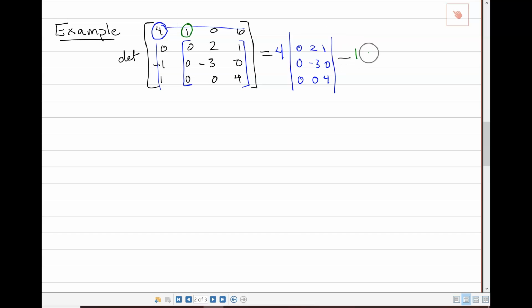Minus 1 times the determinant of its submatrix. So I'll cross that out and this out and just keep these parts. So I'll have 0, 2, 1, minus 1, 3, 0, and 1, 0, 4, plus 0 times the determinant of its minor matrix.